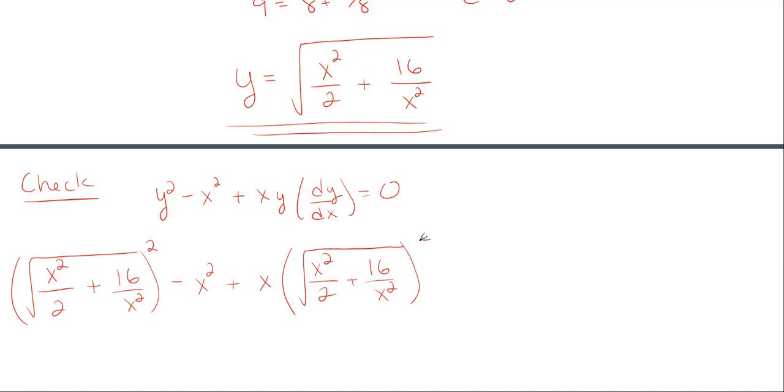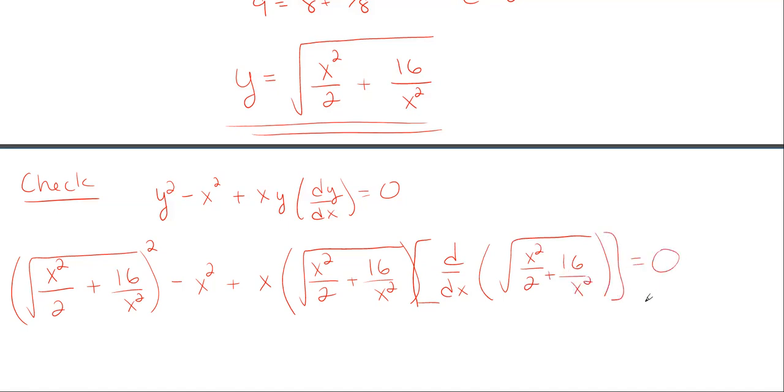And then we're going to have to multiply by the derivative with respect to x of our y, so d/dx of the square root of x squared over 2 plus 16 over x squared. And all that has to be equal to 0.